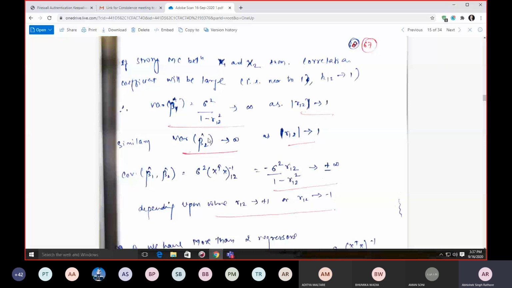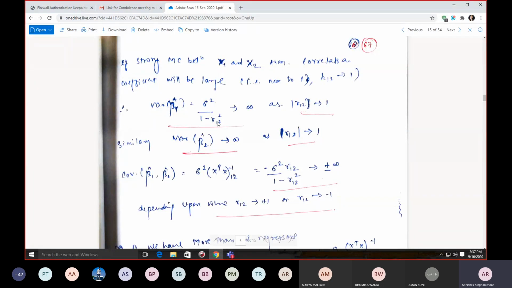When both are exactly linearly dependent on each other, it means that x1 is dependent on x2 and they have a strong relationship. It means their correlation value moves to 1. Fine?